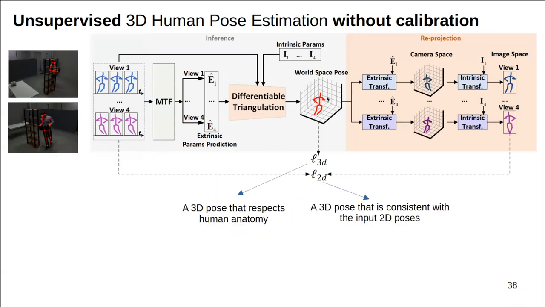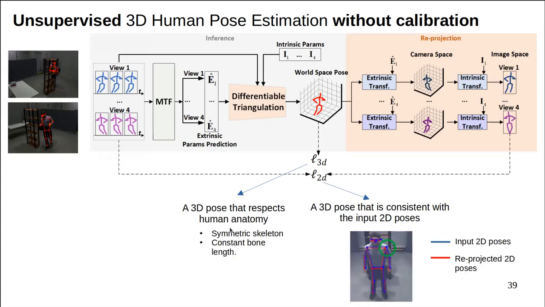Now, we need an objective to train this model. So we defined two kinds of objectives from this reconstructed 3D pose. First, on one side, we want the reconstructed 3D pose to respect criteria about human anatomy. So for instance, we would like this 3D skeleton to be symmetrical, and for a given person, we would like the bone length to be constant.